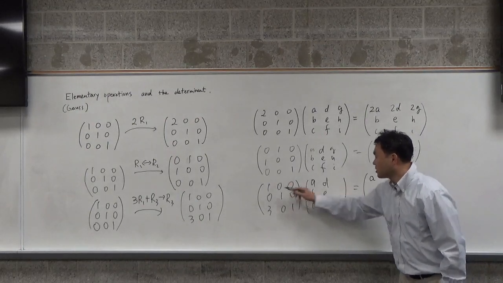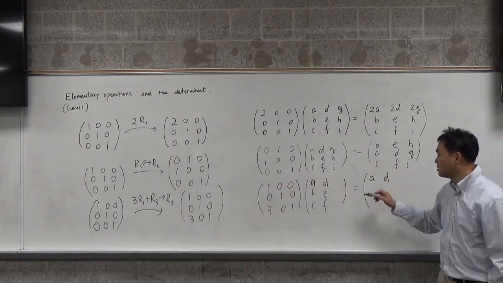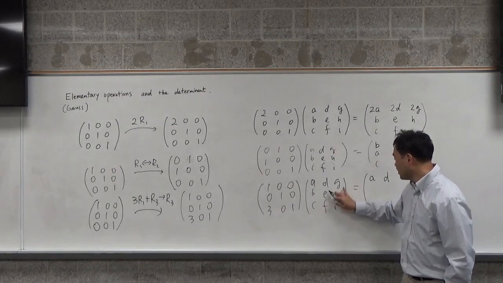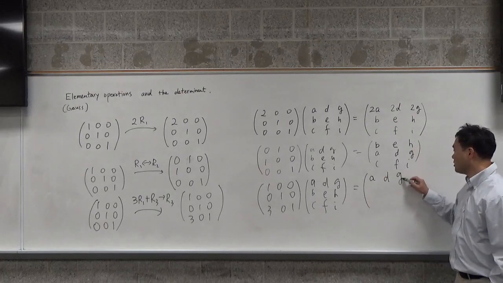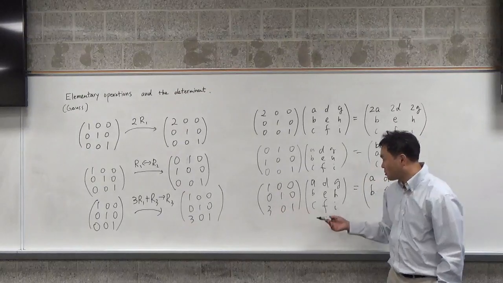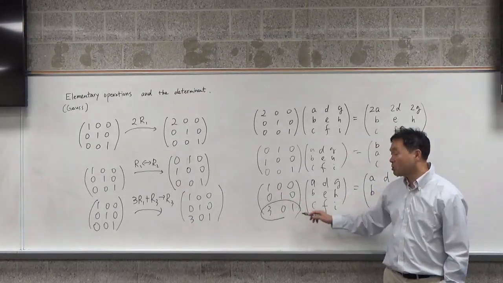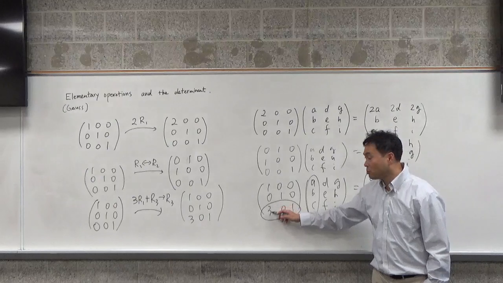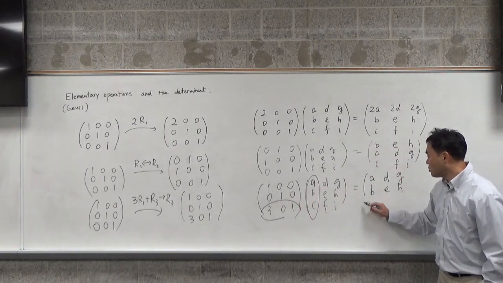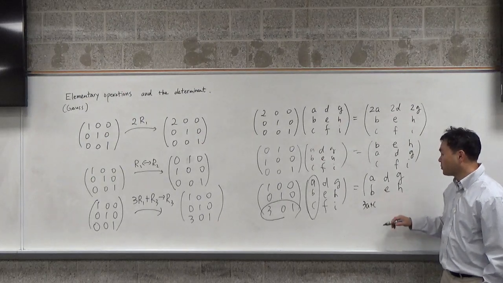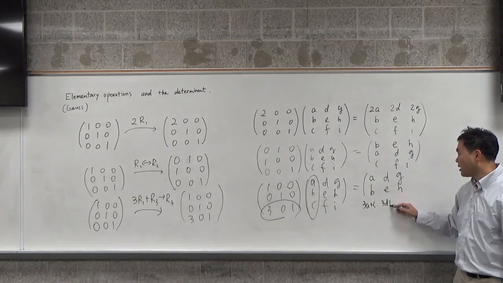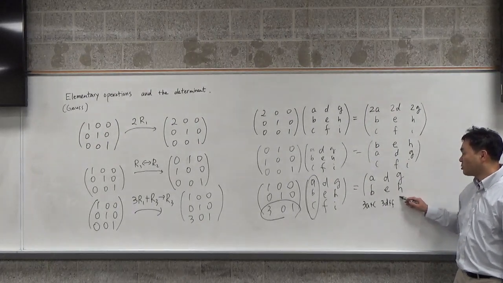D, E, F times 1, 0, 0 just gives you D. And G, H, I gives you G. It will be the same thing, B, E, H. But the last one is the one that we have to focus on, right? 3, 0, 1 times A, B, C. What's that? 3A, 0B, 1C. So what do I write? 3A plus C. And then when you multiply this with this, it is 3D plus F, right? And then it'll be 3G plus I.